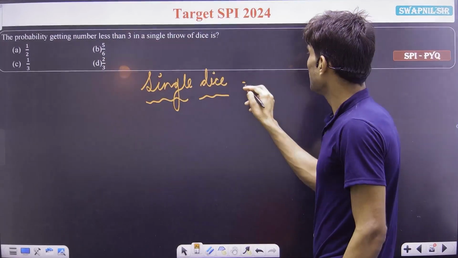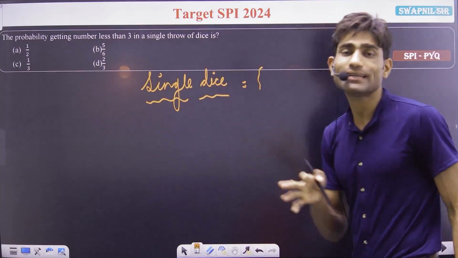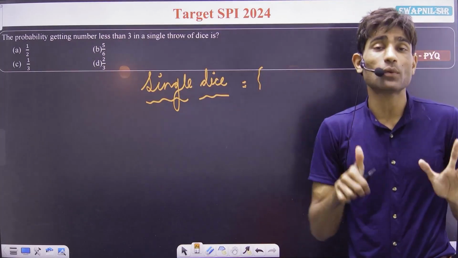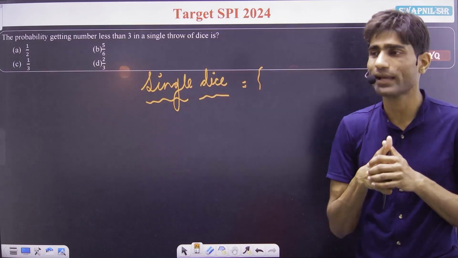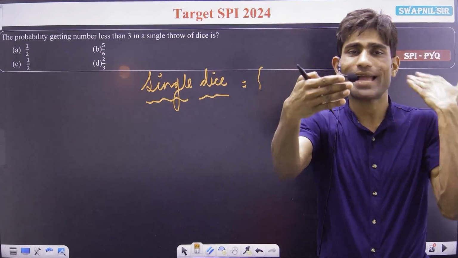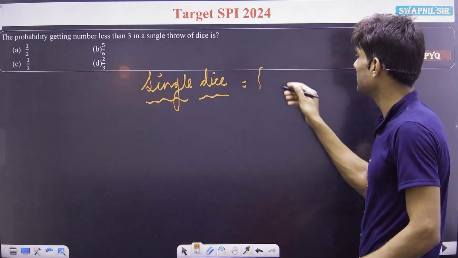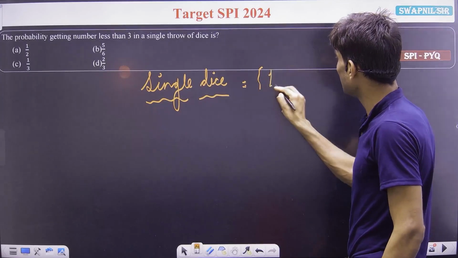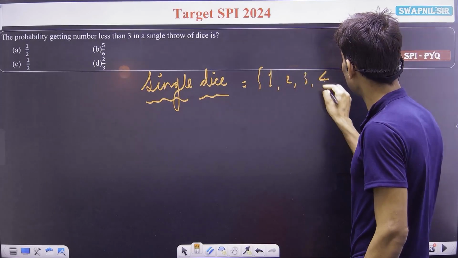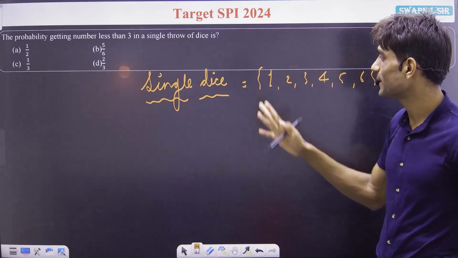When we throw a single dice, we know that it has a total of 6 surfaces: top surface, bottom surface, front surface, back surface, and left and right surface. We start from 1, 2, 3, 4, 5, 6. Total, we have 6 surfaces present in our dice.